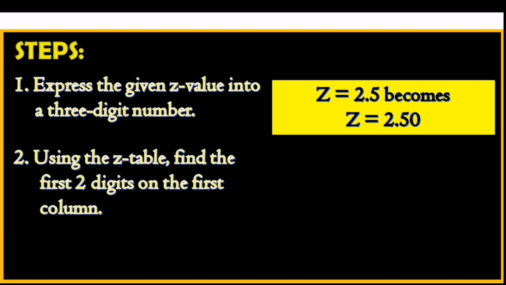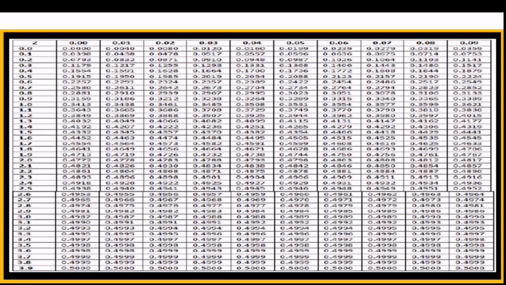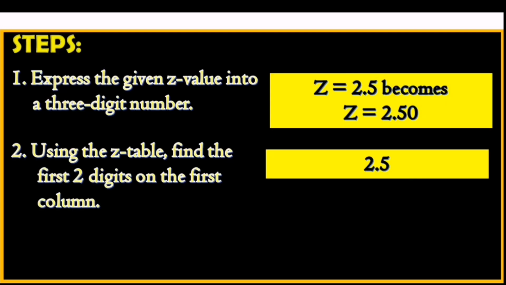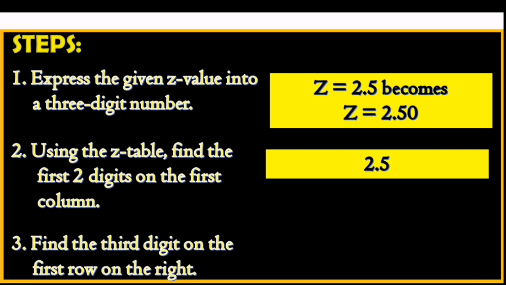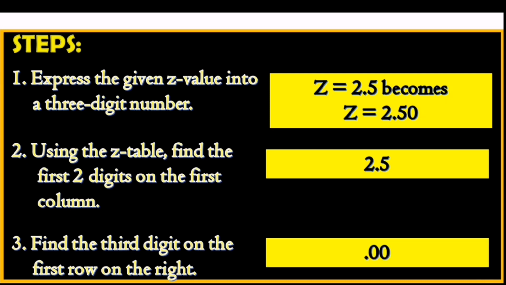Next, using the z-table, we will find 2.5 on the first column. Here is the 2.5. Find the third digit on the first row on the right. So find 0.00.